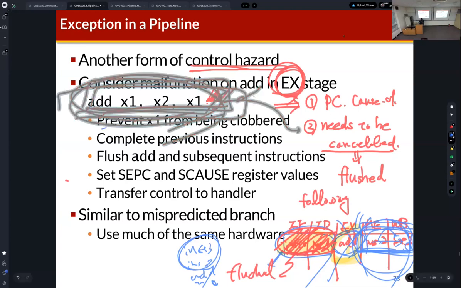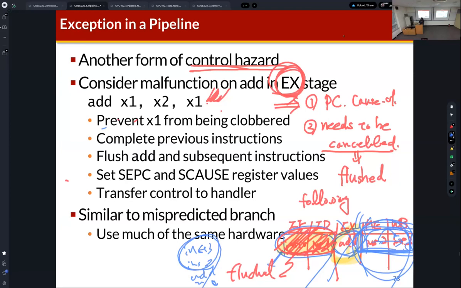This slide explains this process. Prevent x1 from being written. So this instruction needs to be cancelled, which means that x1 is not updated, right? And then complete the previous instructions. What are the previous instructions? These instructions are the previous instructions.